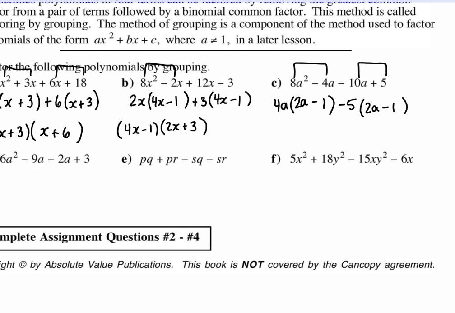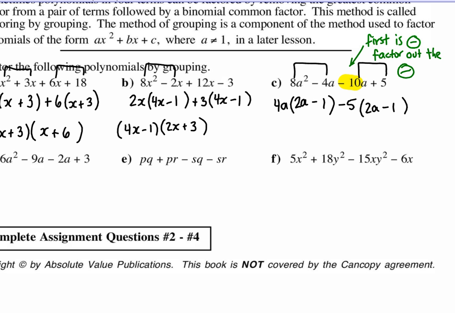If your first term is negative, factor out a negative. We have to factor out a negative 5. The reason why: if I divide negative 10 by negative 5, does that give me my positive 2? Yes.